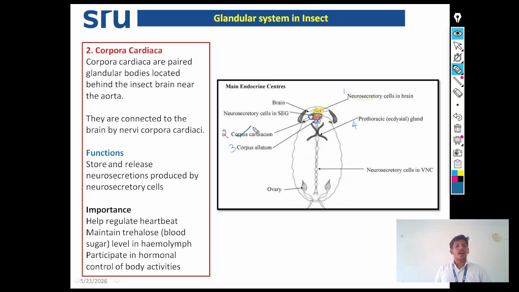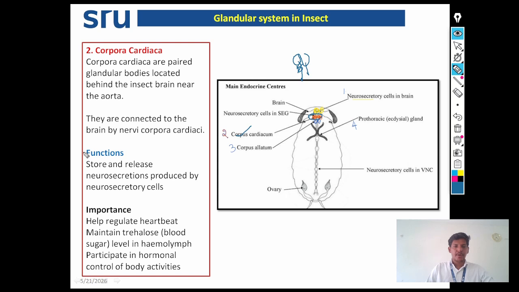Corpora cardiaca are a paired glandular body located behind the insect brain near the aorta, that is part of the dorsal blood vessel. They are connected to the brain by means of nervi corporis cardiaci.